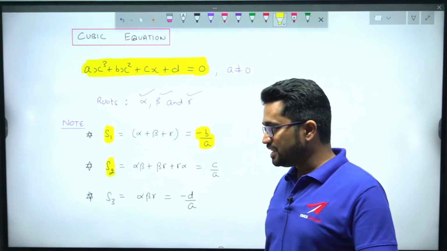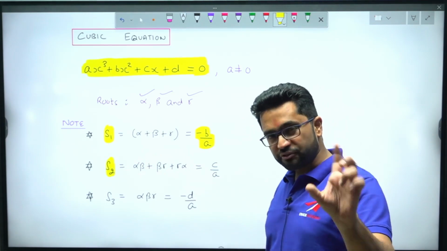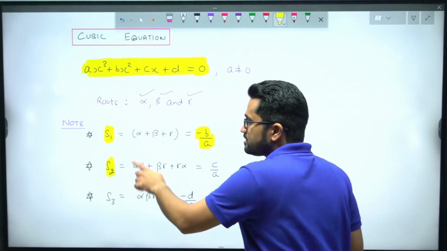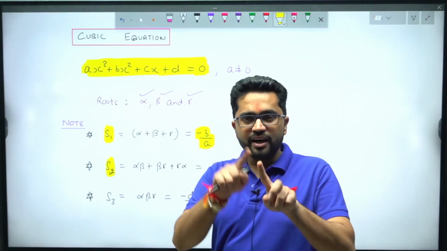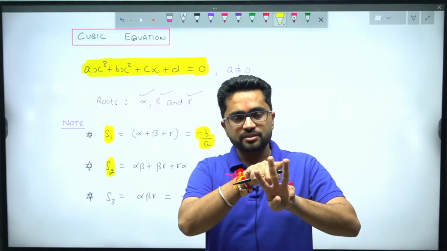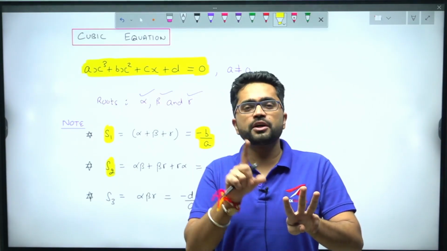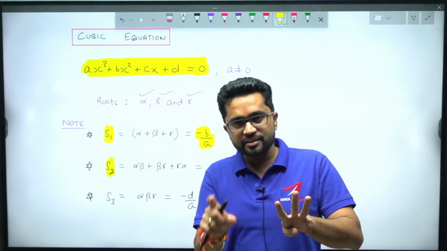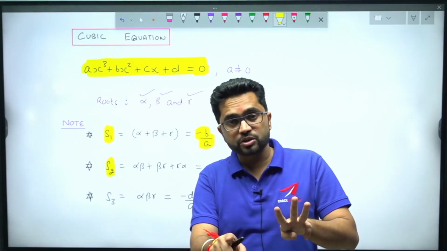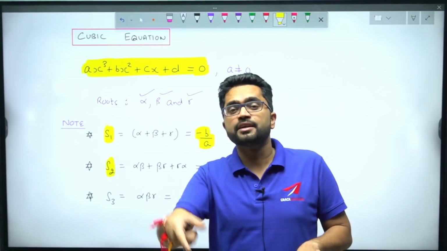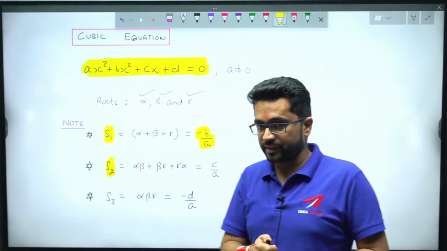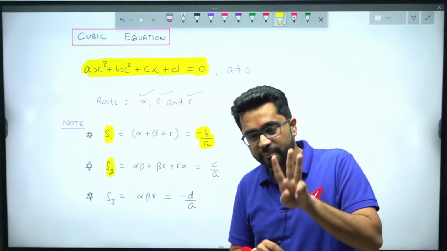The next one, S2. S2 has a different meaning. There are 3 roots: one is alpha, other one is beta, third one is gamma. S2 means take the sum of the products of roots, with the product taken in pairs.